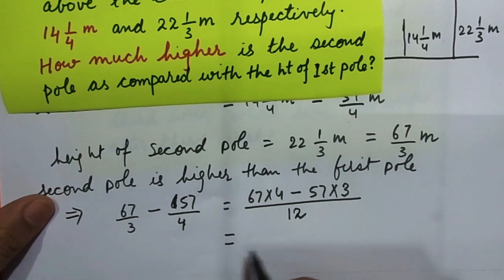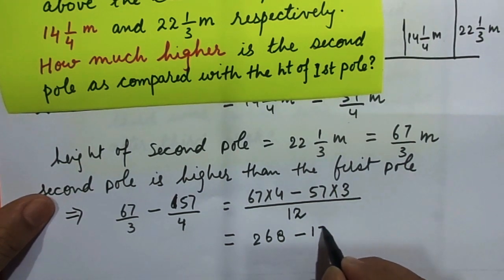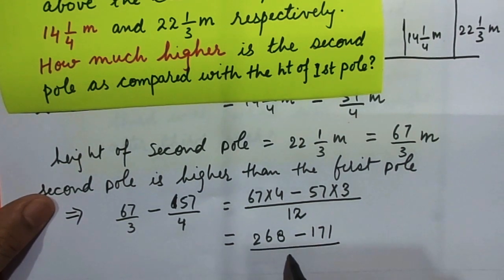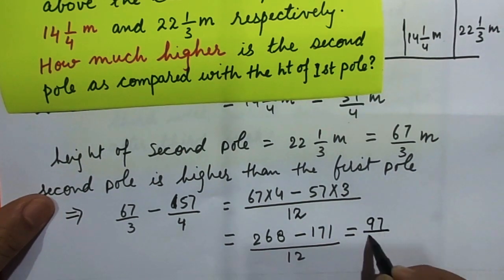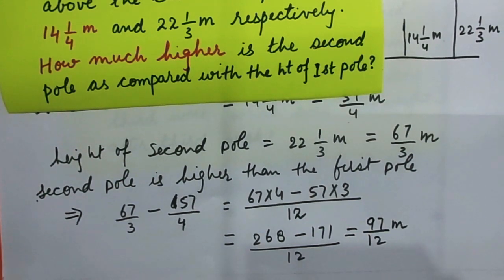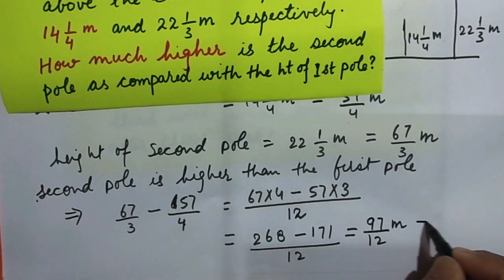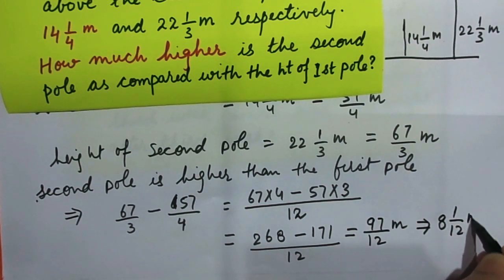That is 268 minus 171 divided by 12. When you subtract, you will get 97 by 12 meter. Why not change it into a mixed fraction? And you will be happy to know that it is 8 1 by 12 meter only.